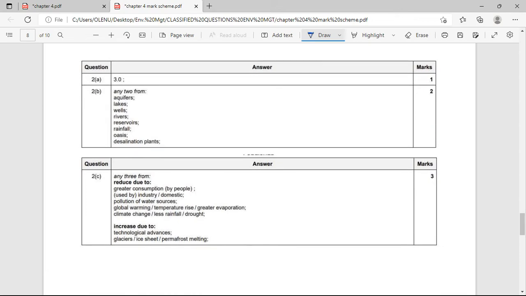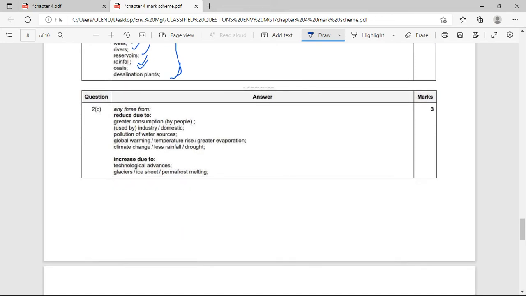Okay, these are sources of fresh water: desalination plant, rain, reservoir, rivers, well, lake, aquifers, oasis. Now, greater consumption by people and industry, pollution of water sources as population increases, also global warming, temperature rises, greater evaporation, and climate change due to less rainfall.